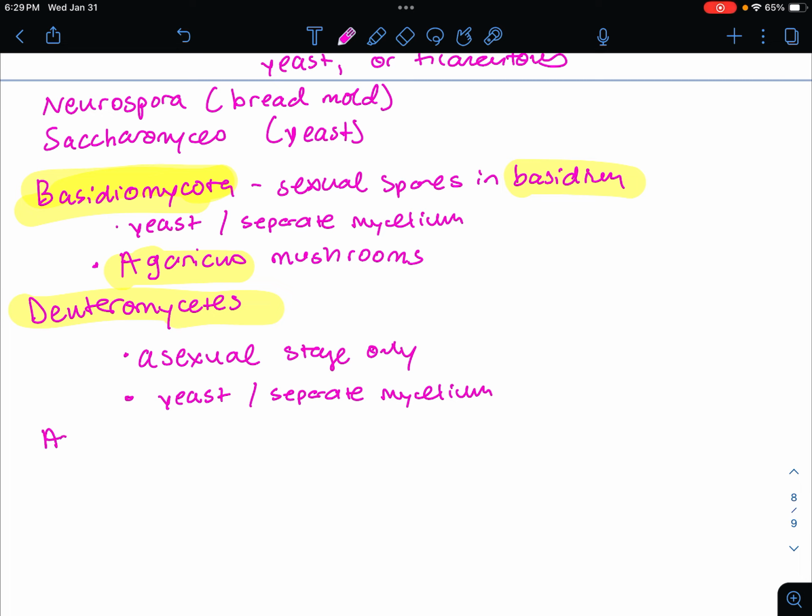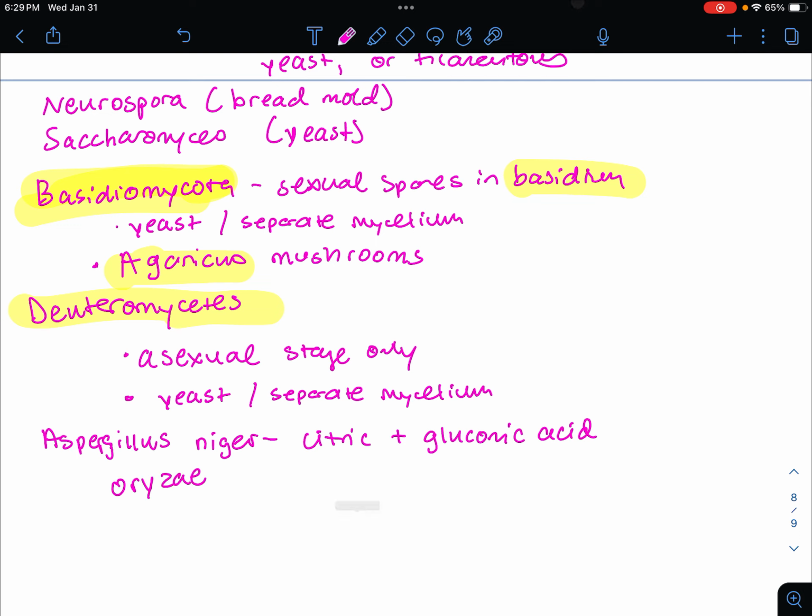We're going to have Aspergillus, and then different types of Aspergillus. The first one is niger. This one is going to be citric and gluconic acid. That's a product. We also have oryzae. That looks like rice, oryzae, you know.